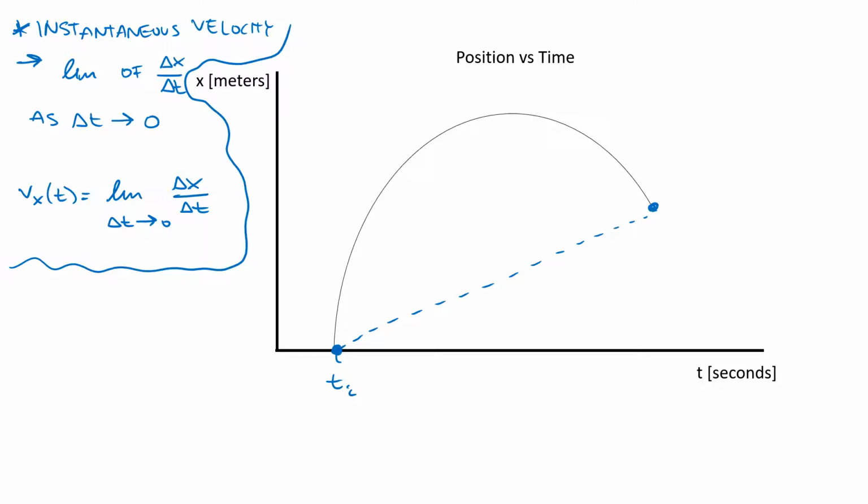Between the two. And you can see that this is a sort of shallow slope. And I've shown that if things are moving a little slower, they'll have a shallow slope. So that's how we're getting that smaller velocity when we take all of that information. We only consider the two endpoints.